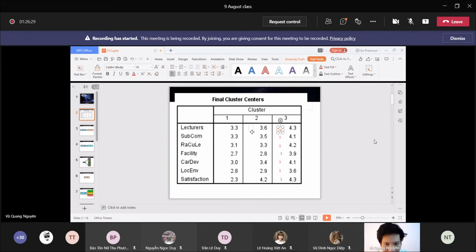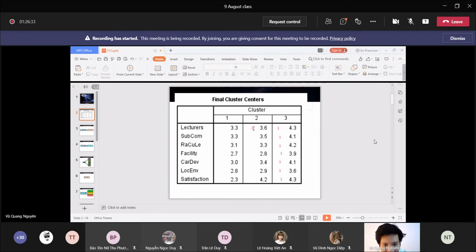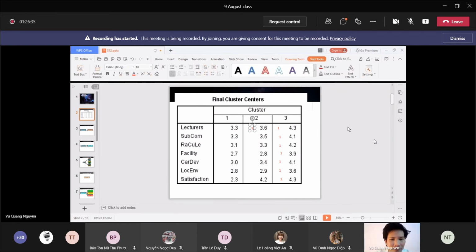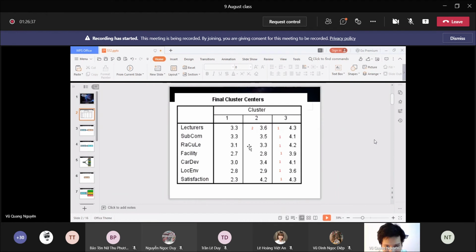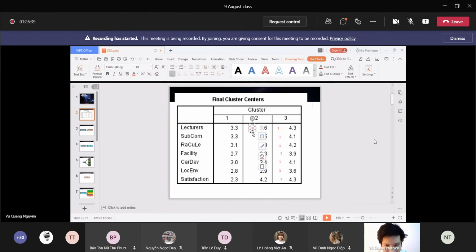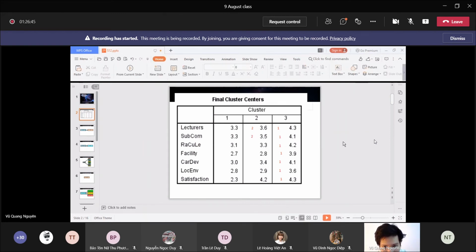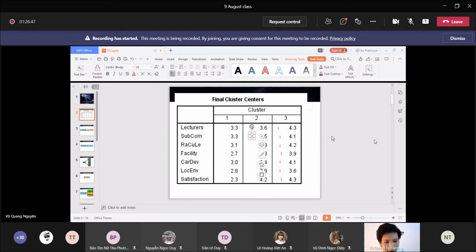How about cluster 2? You can see that cluster 2 ranks number 2 in lecturers. Subject complexity, the same thing happened. How about rationality of curriculum's length? The same thing, right? Same thing for facility.